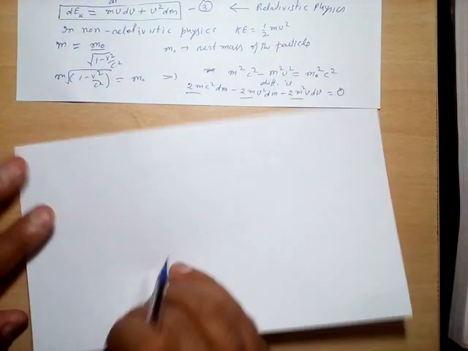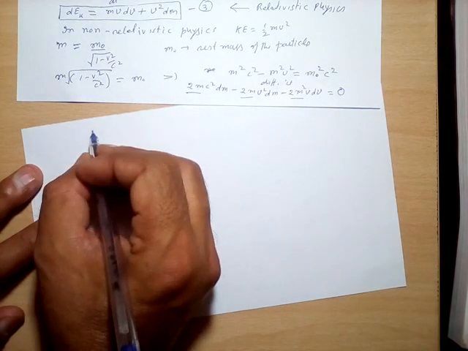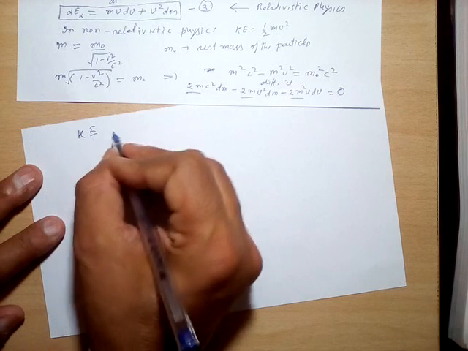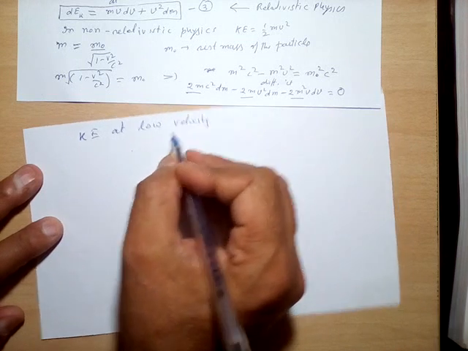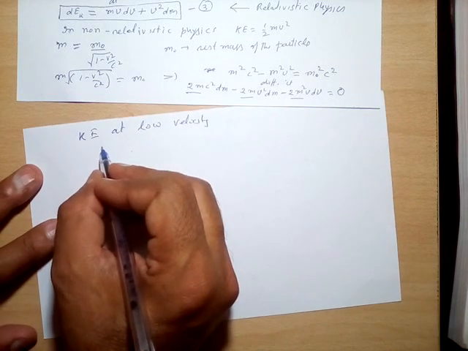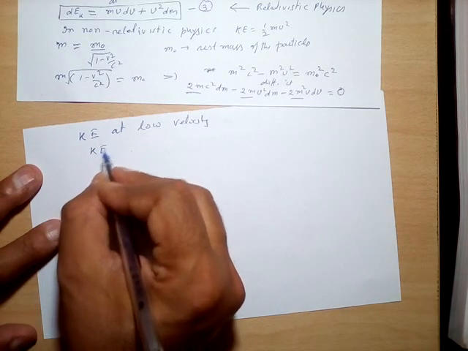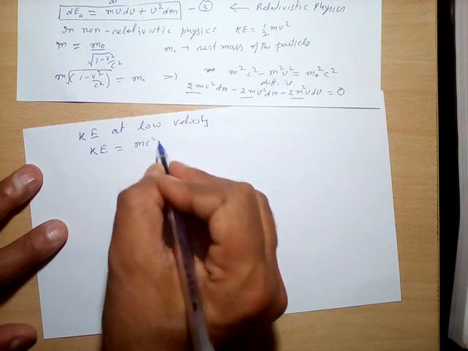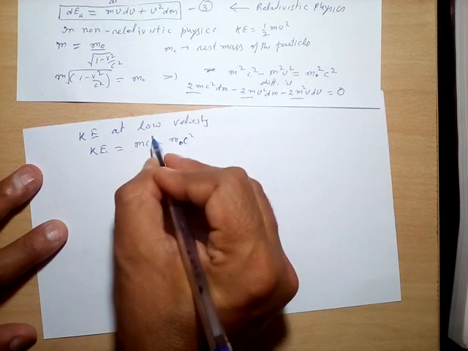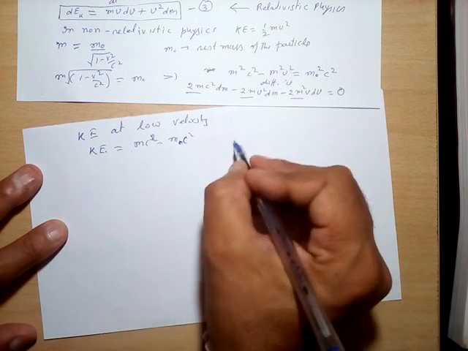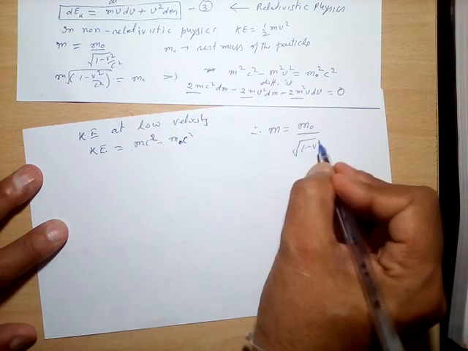Now we will derive the expression of kinetic energy at low velocities. We know that the expression for relativistic kinetic energy was m c square minus m naught c square, and we know that m is equal to m naught by the square root of 1 minus v square by c square.